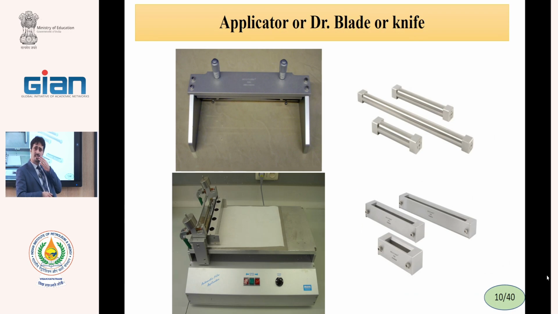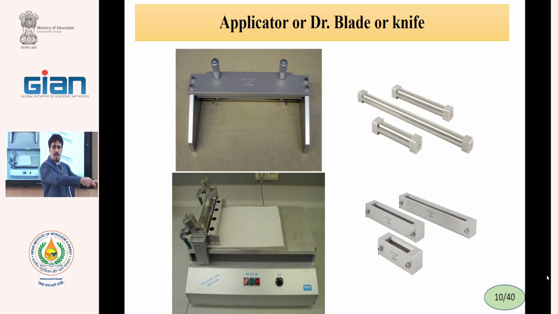For coating of the casting solution with these devices, we usually use this device. This device has a specific speed. We can control the speed of casting. We can cast by hand, put the polymers, and cast by hand.